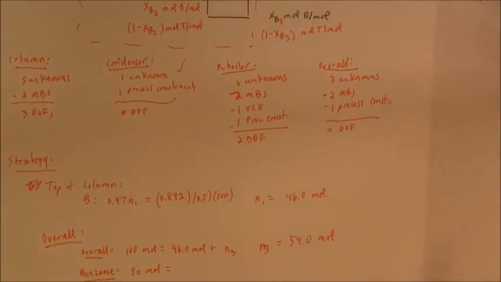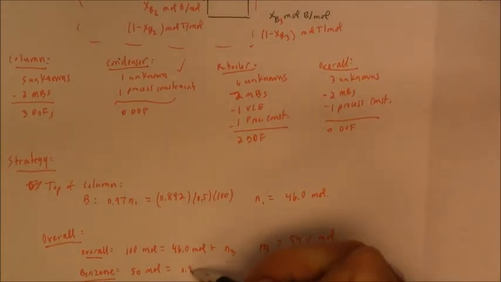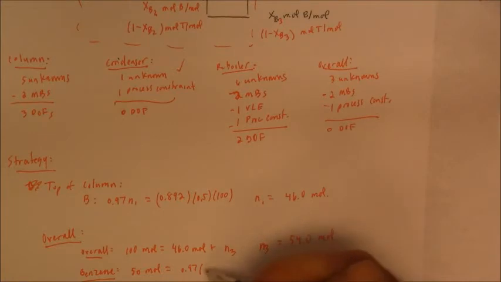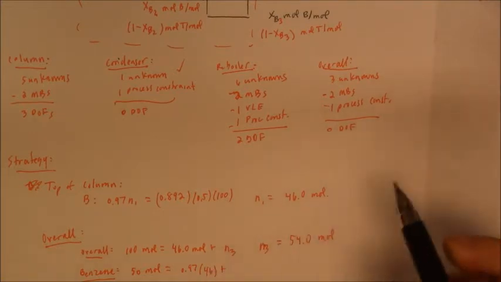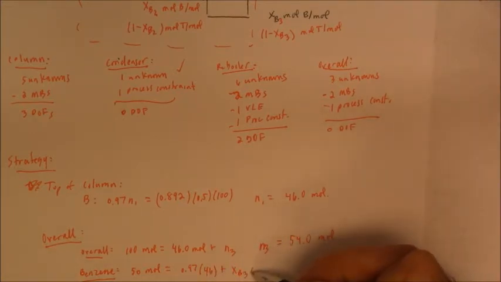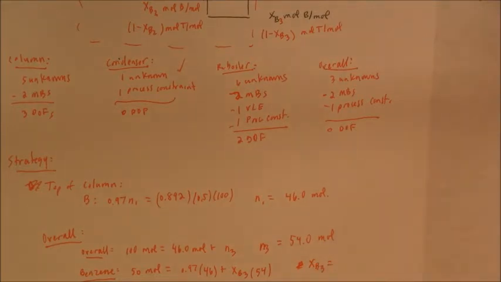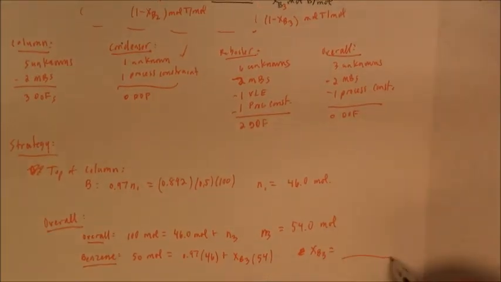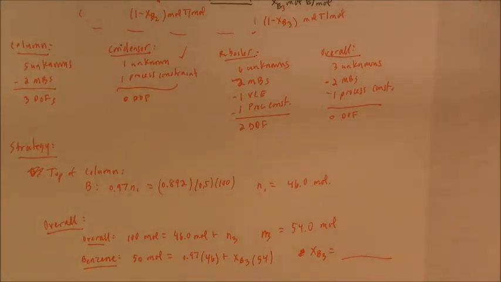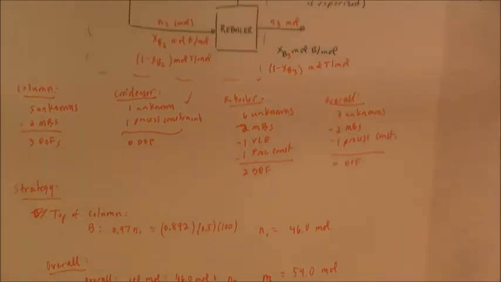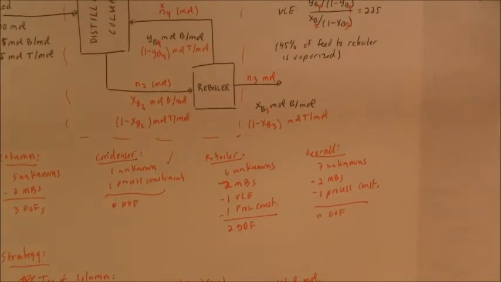The benzene coming out is equal to 0.97 times N1, which is 46, plus XB3 times N3, which is 54. And then I get XB3 equals whatever I calculate that to be. So that helps me solve for N3 and XB around the reboiler.